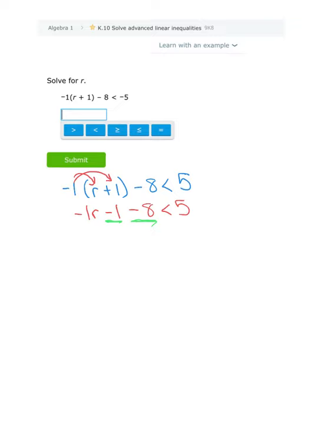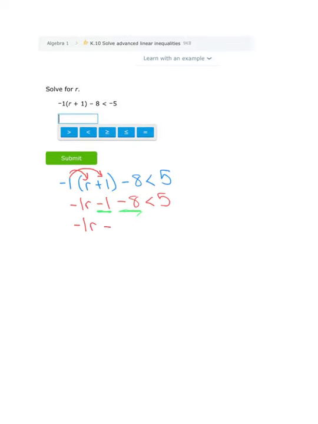But the negative 1 and the negative 8 are like terms because they are both without a variable. So I bring down my negative 1r, and then negative 1 minus 8. When I combine those, if I use a calculator, it's going to give me negative 9. And then I just copy down my is less than 5.